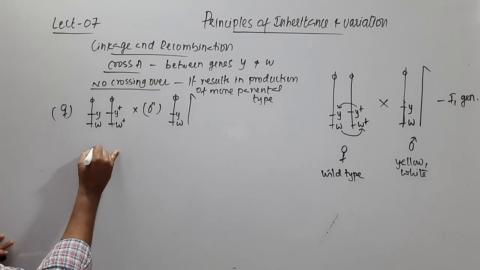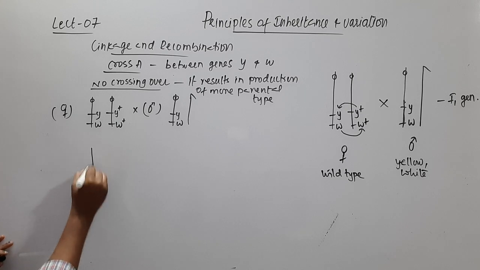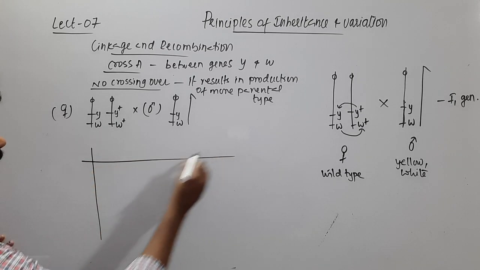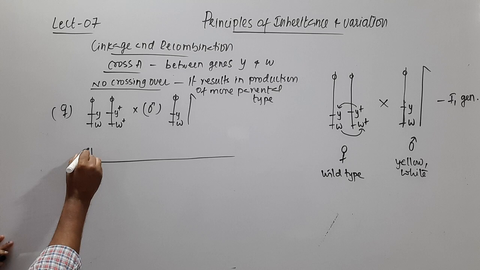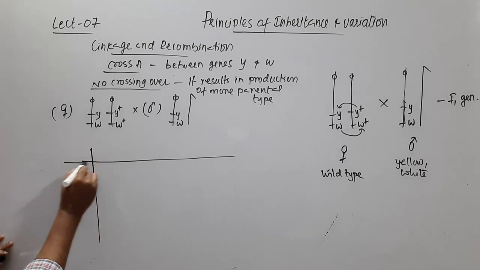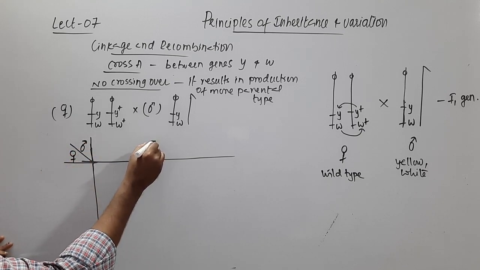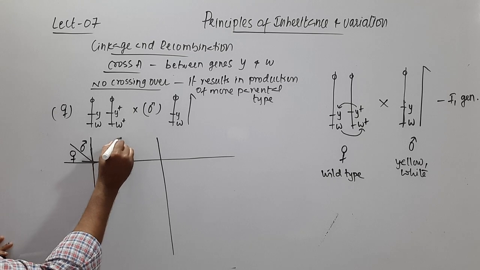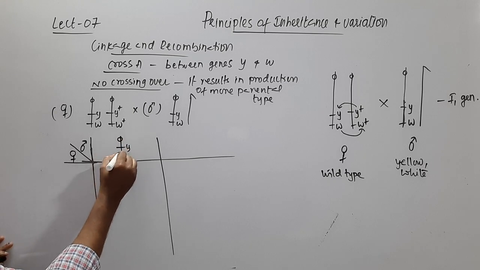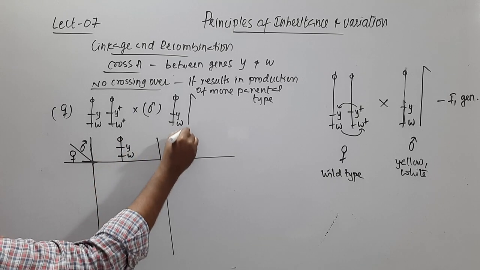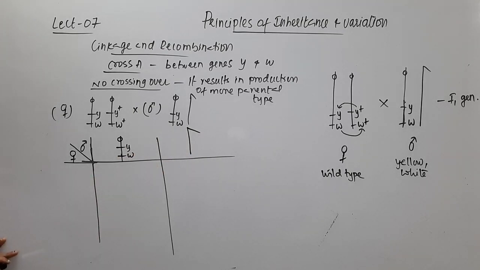I'm going to put it in the Punnett square. So the gamete formation. Here y w, and these are the male gametes.